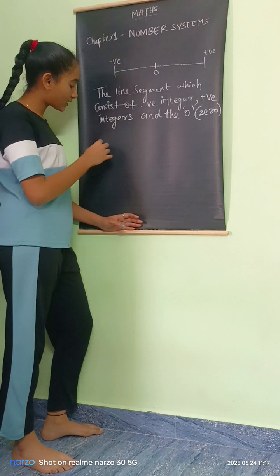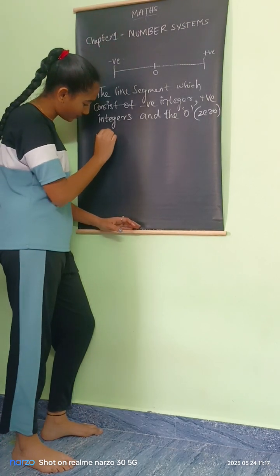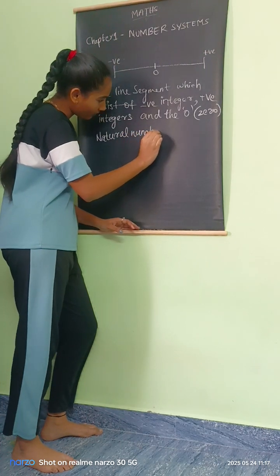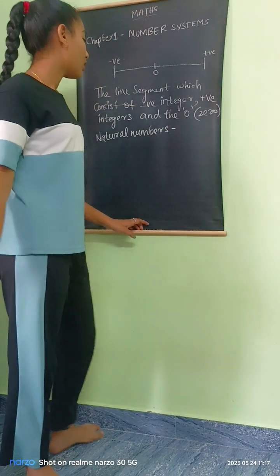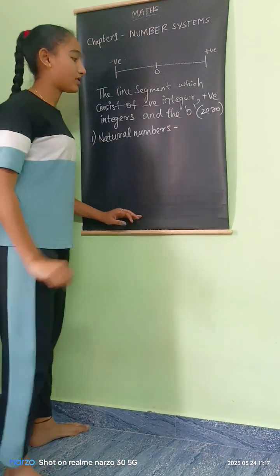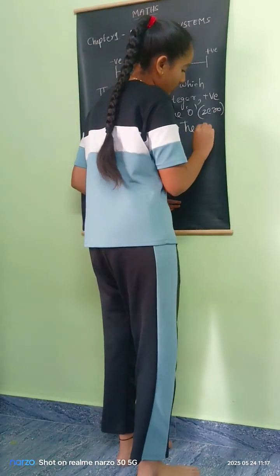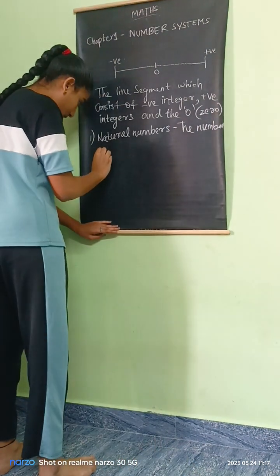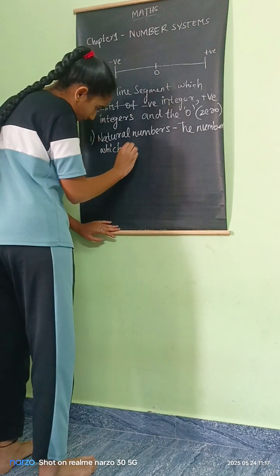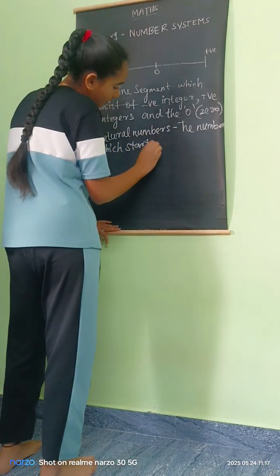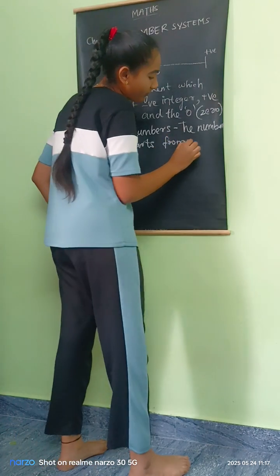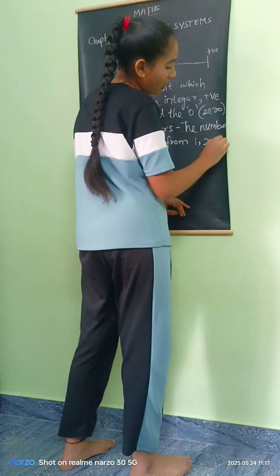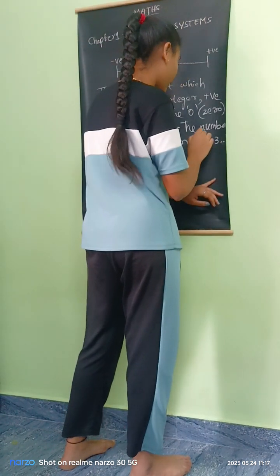So let's first get into the natural numbers. What are natural numbers? The numbers which start from 1, 2, 3, and go to infinity.